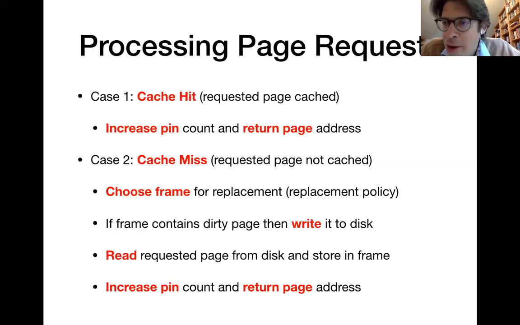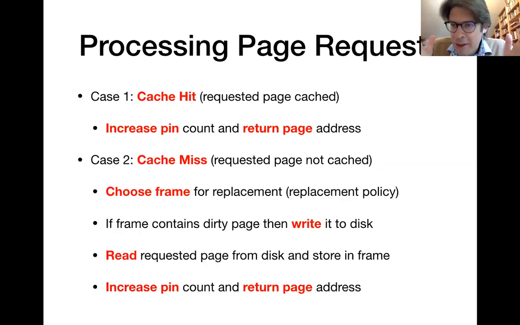Typically, your entire buffer pool is taken up. So in choosing a frame for replacement, you're essentially saying that the current content of that frame seems non-interesting, and it can probably be deleted. So that is an important decision for performance, which frame you want to replace. And we're going to discuss more about that on the coming slides.